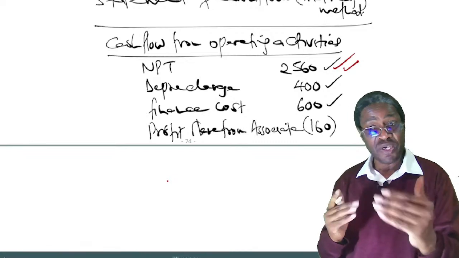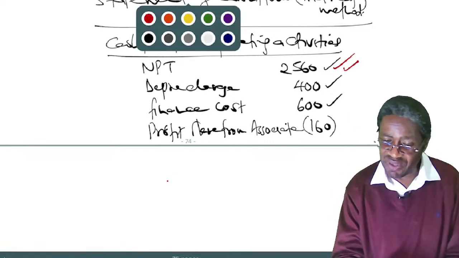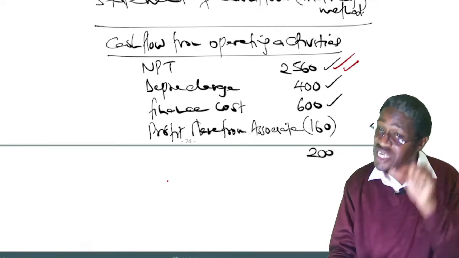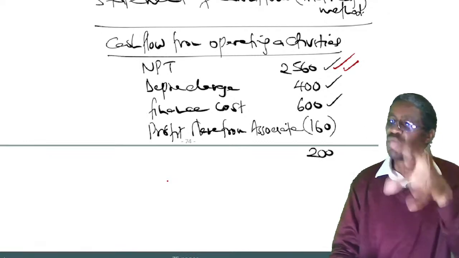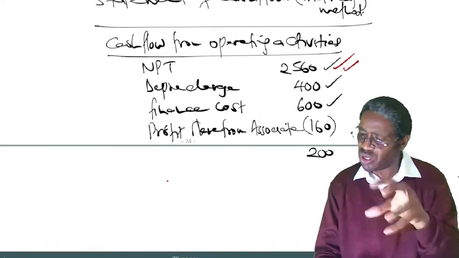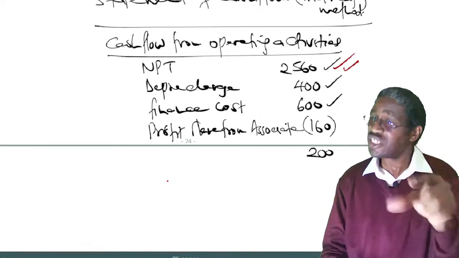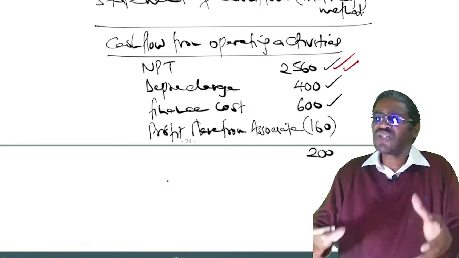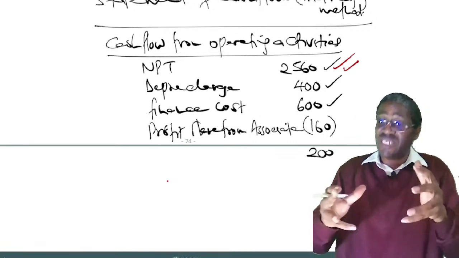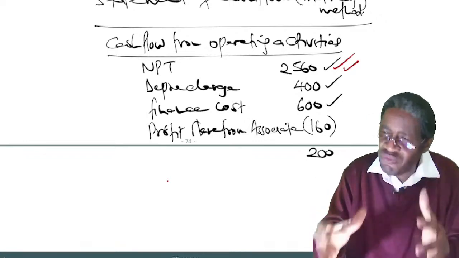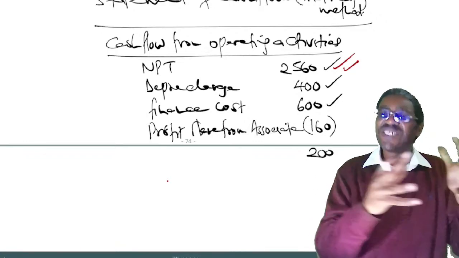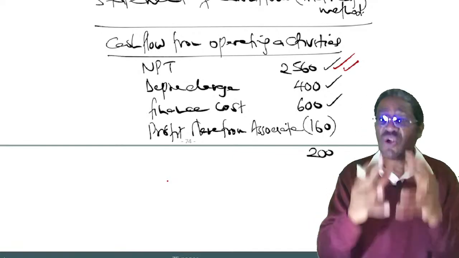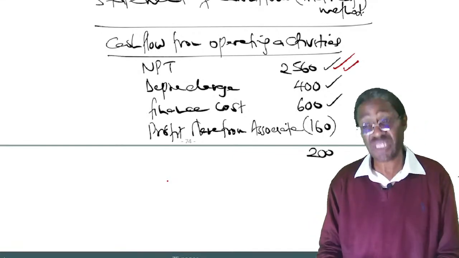So I am going to use it here, not because it is an uncashed item. It's true, it's a cash item. But I want to remove it from operating and take it to where it belongs. It belongs to investing.